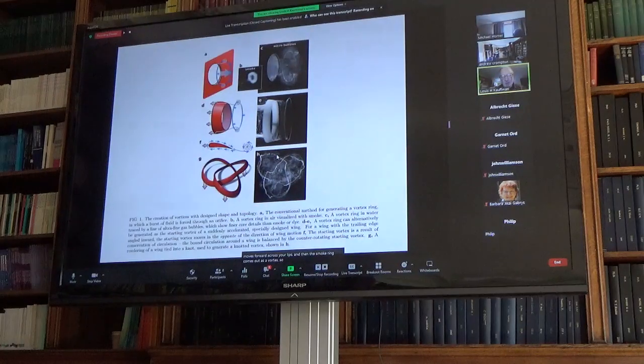So you can make unknotted vortices by doing this technique, but their technique of moving a template, they had the good idea of making a knotted template. They made a knotted template by using 3D printing, and then they could tinker with it until they got it right, and then they can produce knotted vortices.